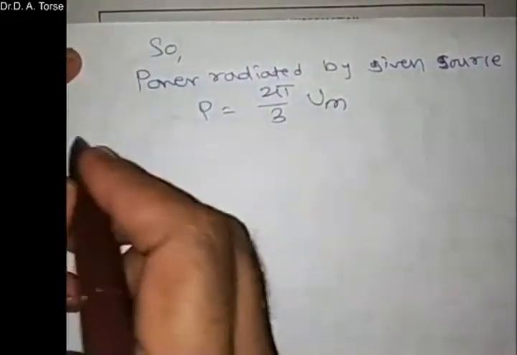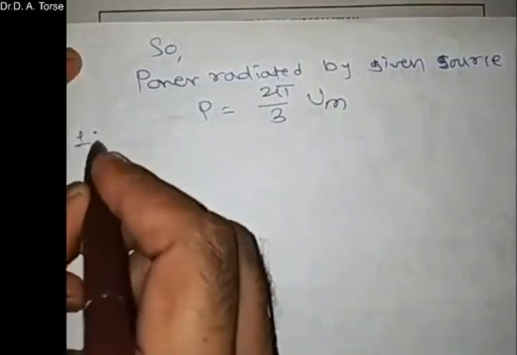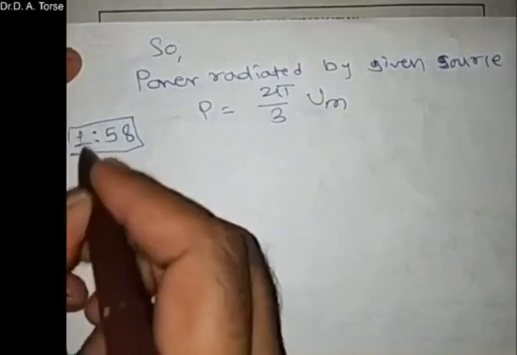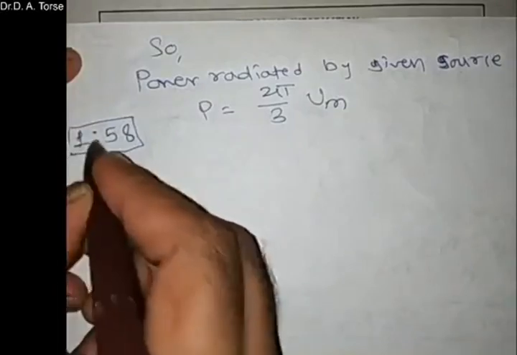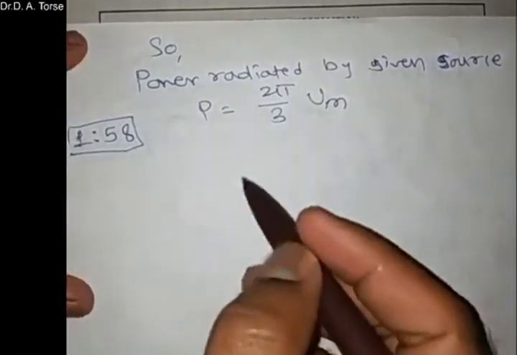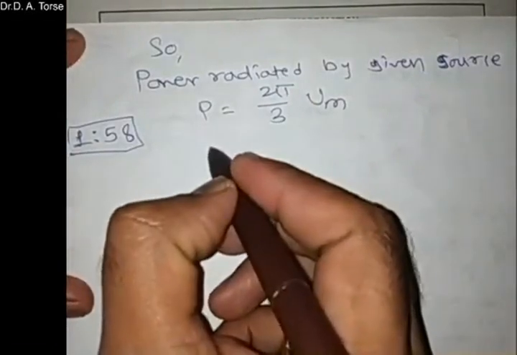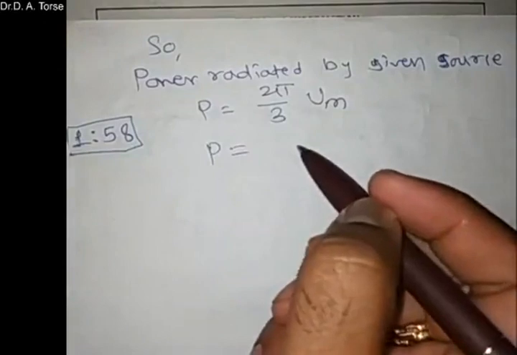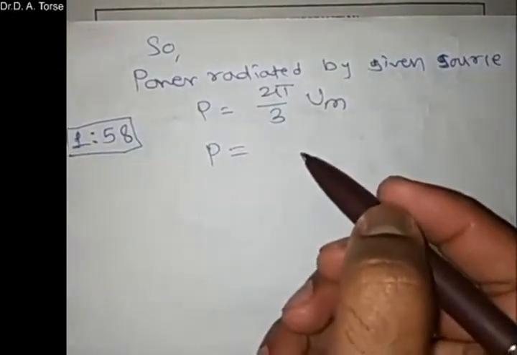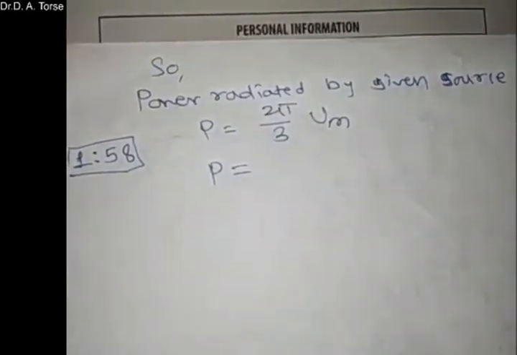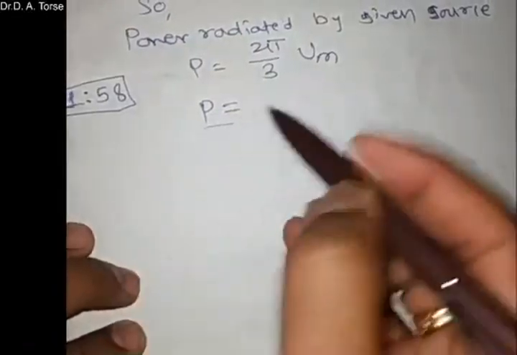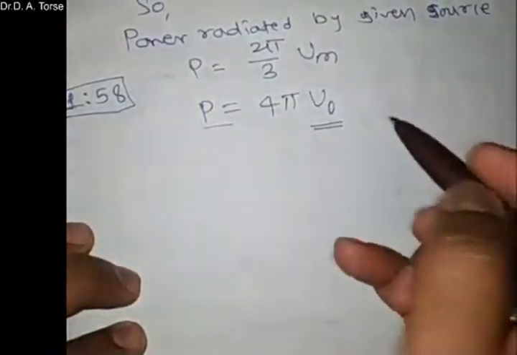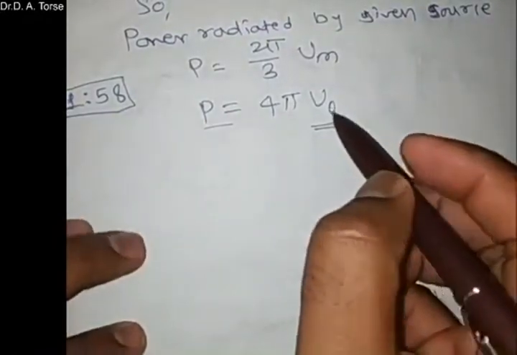Now can you please go back to 1:58, which means 1 minute 58 seconds of this video, and check. We have written one formula for the power radiated by an isotropic antenna as P is equal to 4 pi U0, where U0 indicates the average radiation intensity.